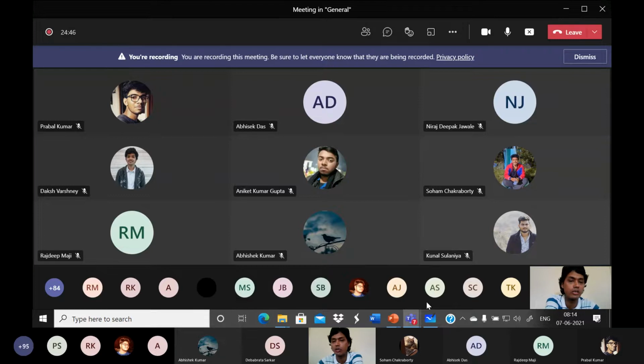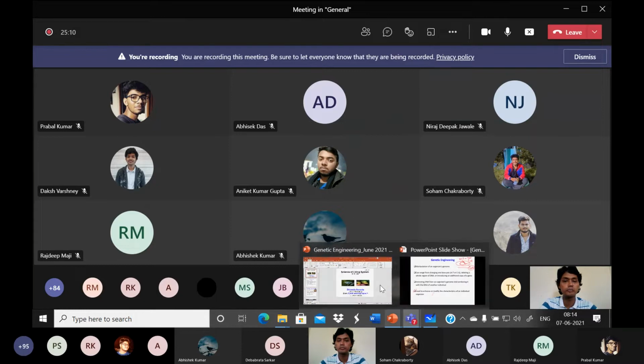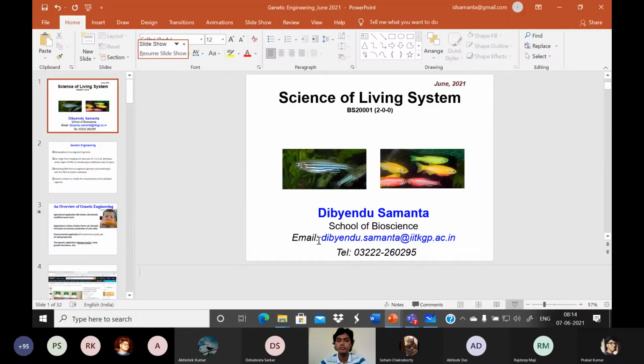Not only that, one of our Indian scientists mostly worked on that golden rice. Yes, you are right. I will give you examples from different areas first, and then I will discuss what the basic techniques are to do that. So let us discuss.